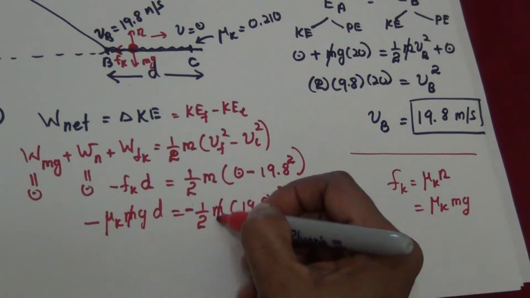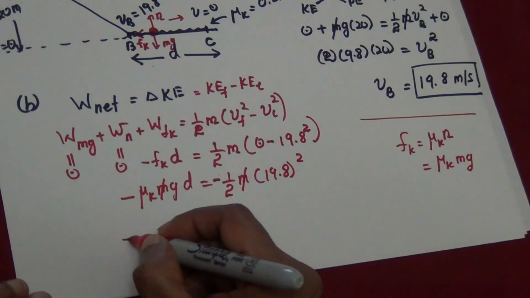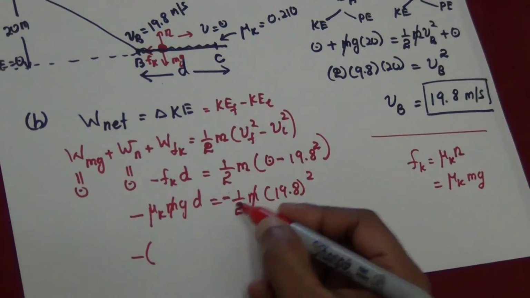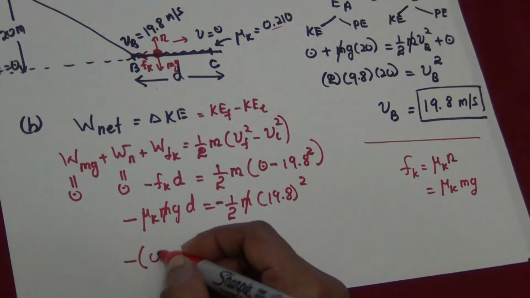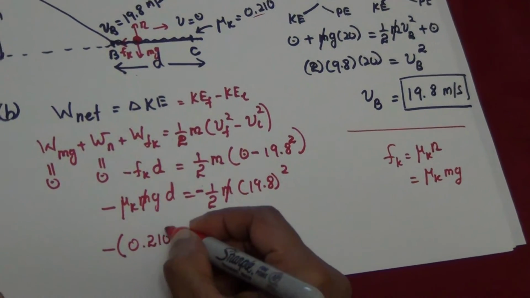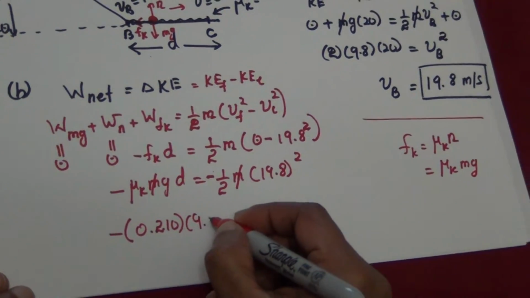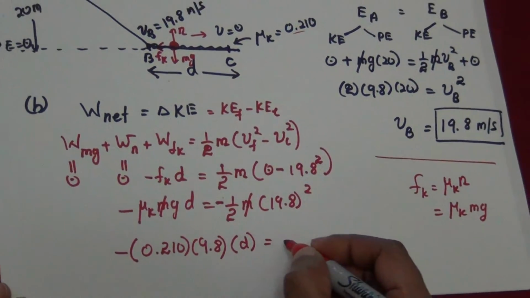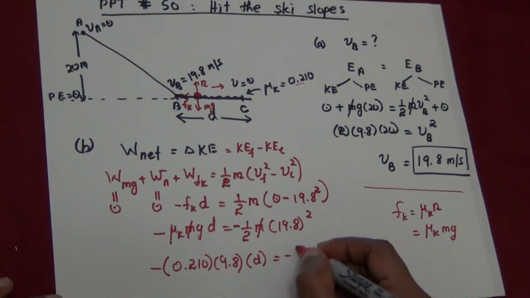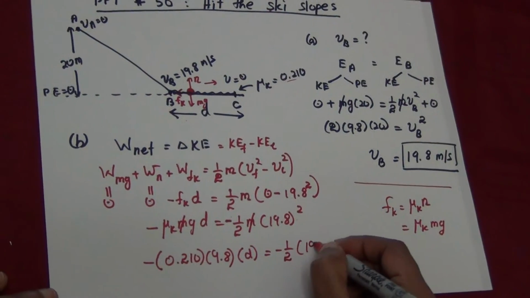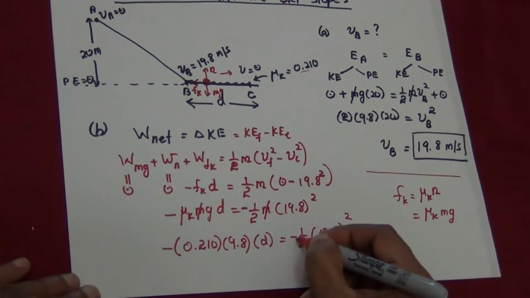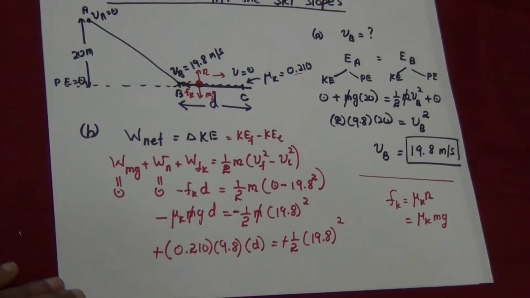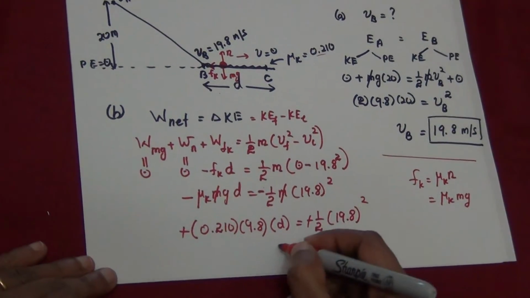Now you can cancel m. We can plug these values. So mu k is 0.210, g is 9.8, and d, that's what we want to find, equals minus 1/2 times 19.8 squared. So now we can cancel these two. So you can find d.